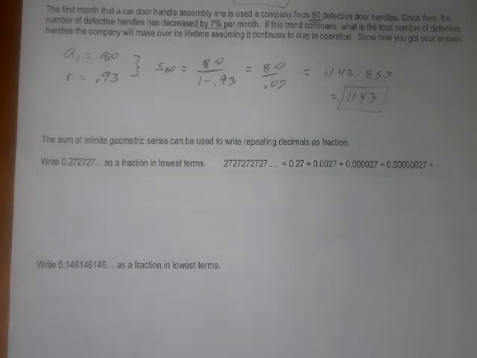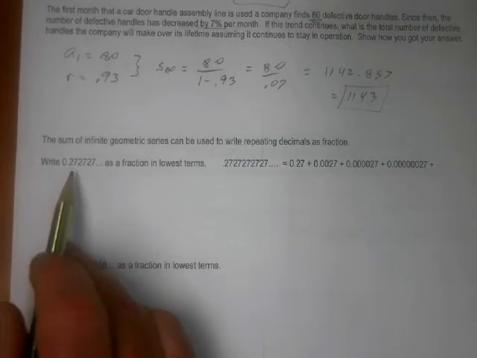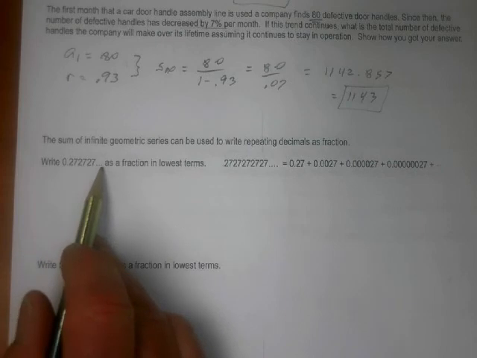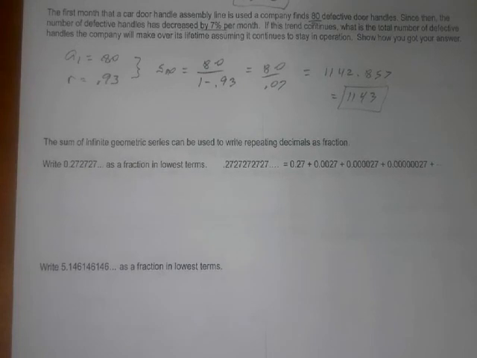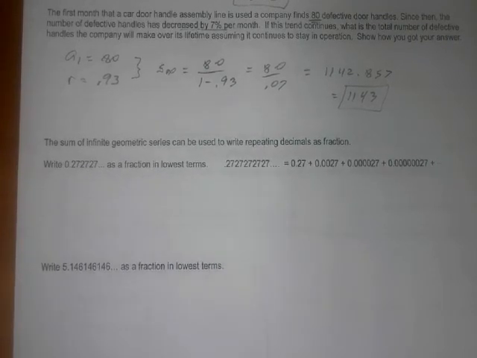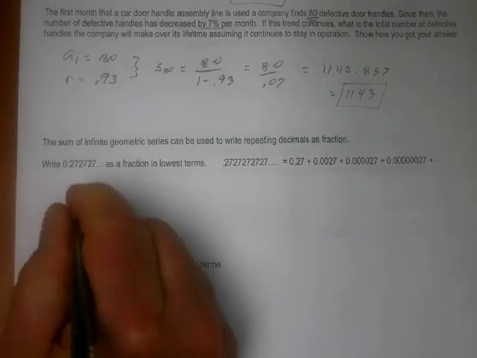All right. The sum of an infinite geometric series can be used to write repeating decimals as fractions. The key to this is the whole idea of repeating decimals. They have to repeat in order to do this. So write 0.272727... as a fraction in lowest terms. Well, what we know is the following.